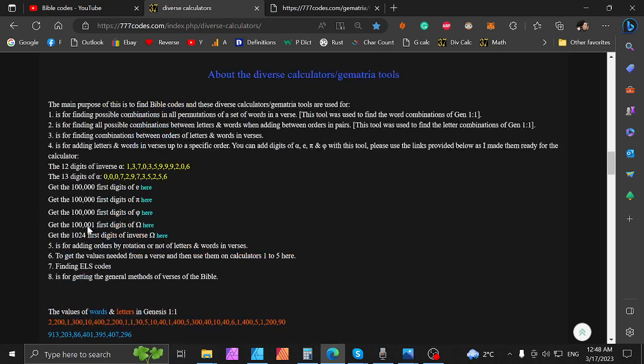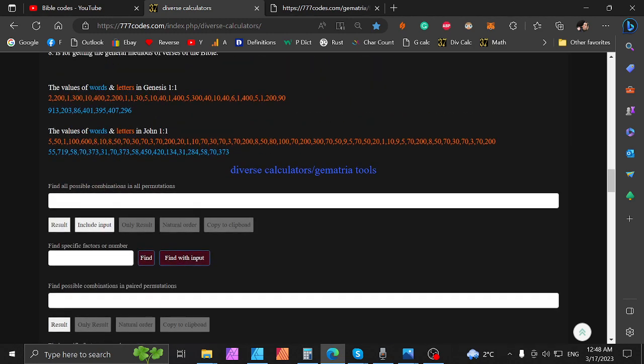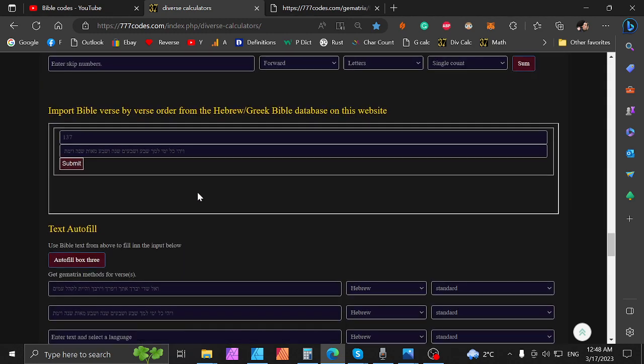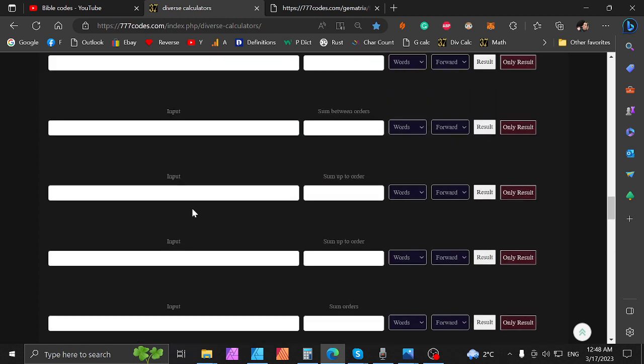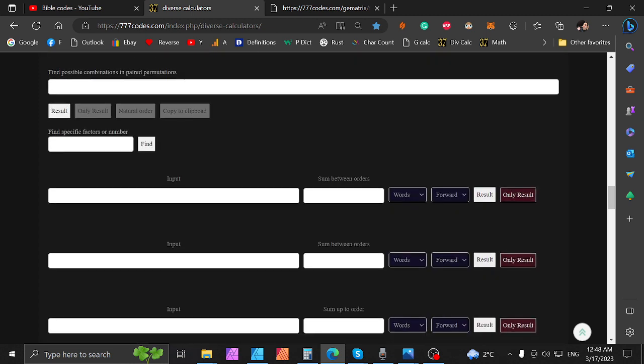But to explain the lesser functions of this website, let me start here. Sum between orders. I have 2 verses in the system now, verse number 137 and 777. So if I want to add letters, I can choose between words and letters there.